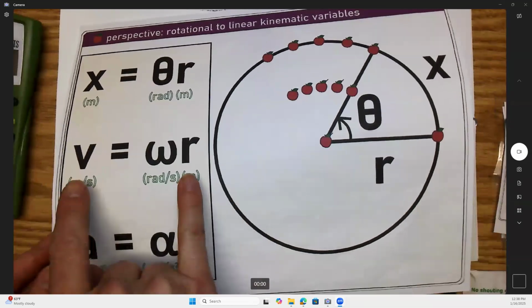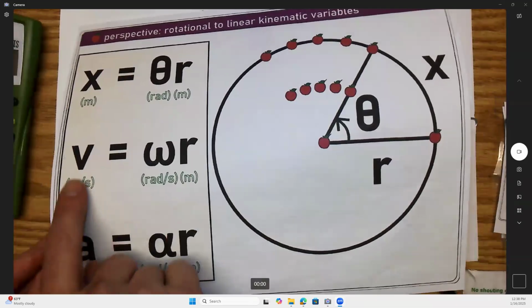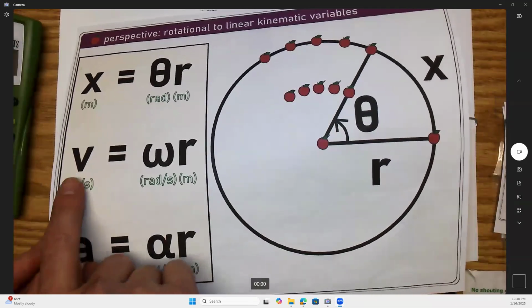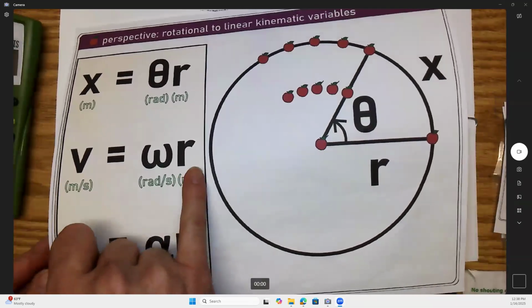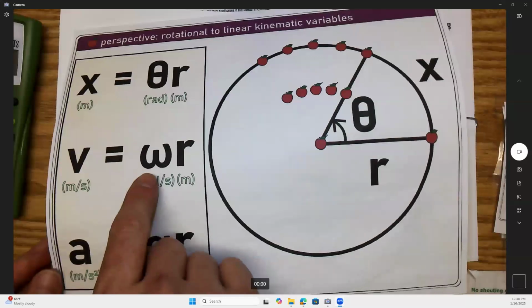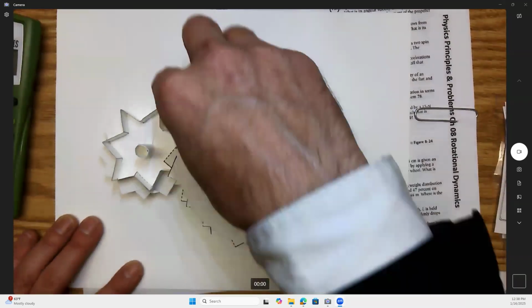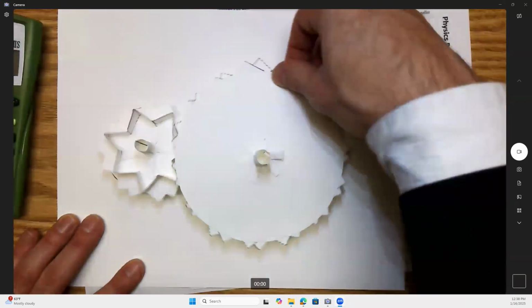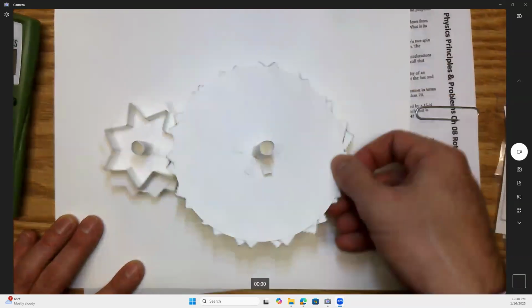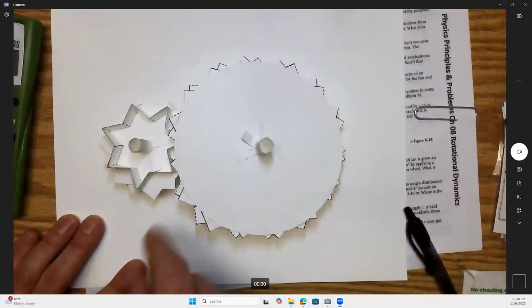Guys, if the points where the teeth are meshing together have the same linear speed, but these two discs have different radial sizes, are they going to have different angular velocities? Yeah, right. In fact, I bet you guys can see which one's rotating faster. If I rotate the one on the right side all the way around once, how much does the one on the left side rotate around?